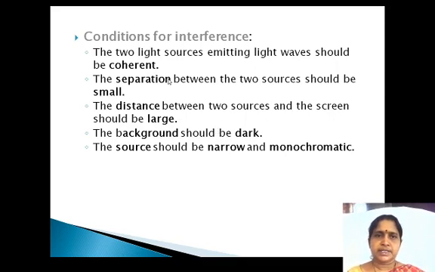The two light sources coming from two slits must be coherent, the distance between the two slits is small, and the slits-to-screen distance is very large.